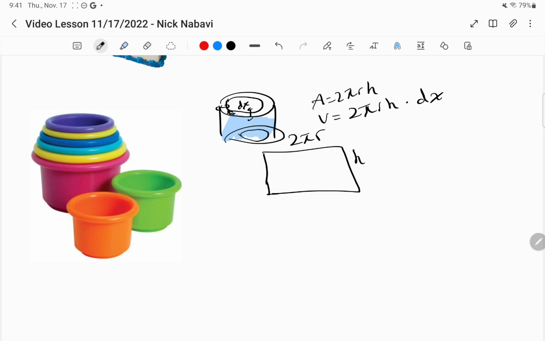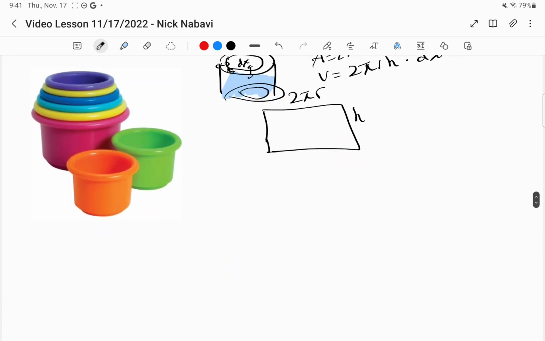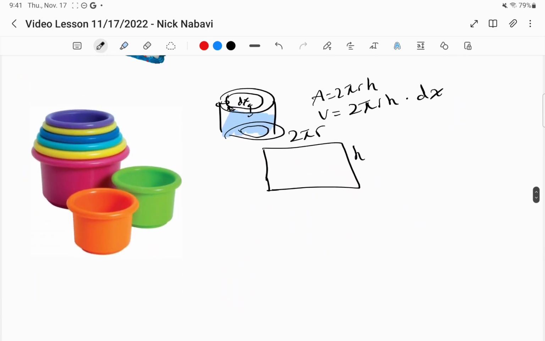So you can imagine we're dealing with some super abstract function. Basically, what you're trying to do is stack these cups together. You stack cups of different heights and you can make a different shape.